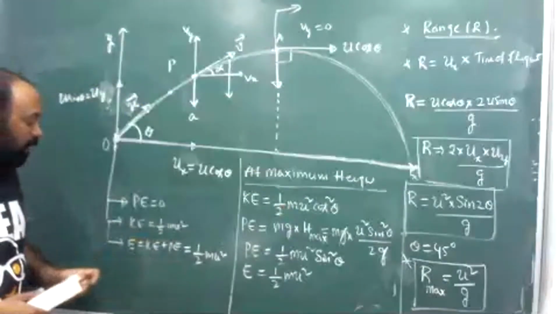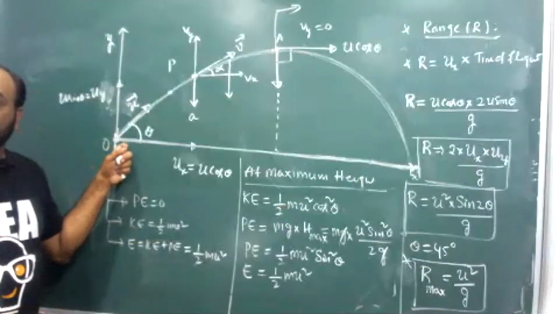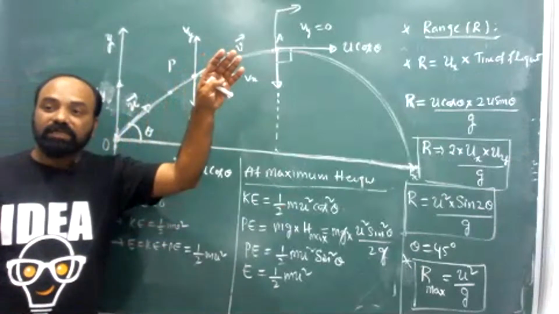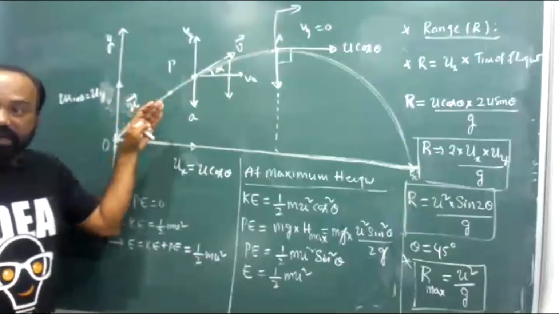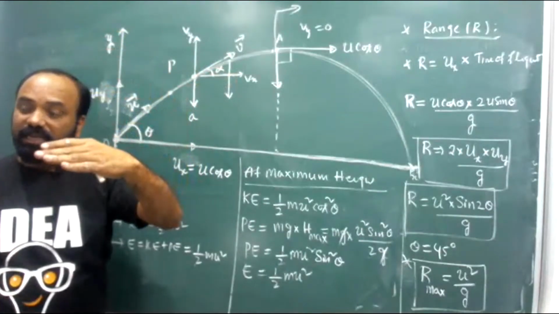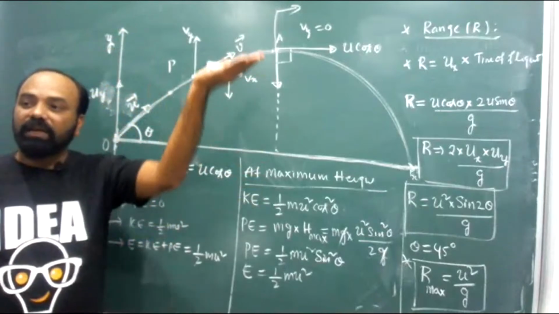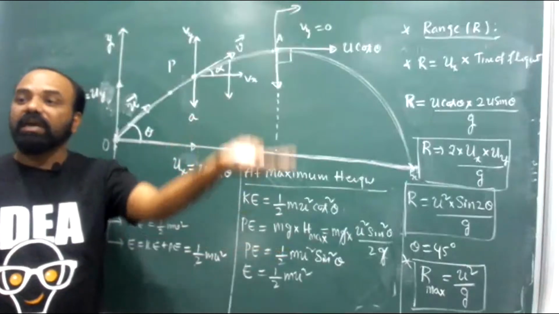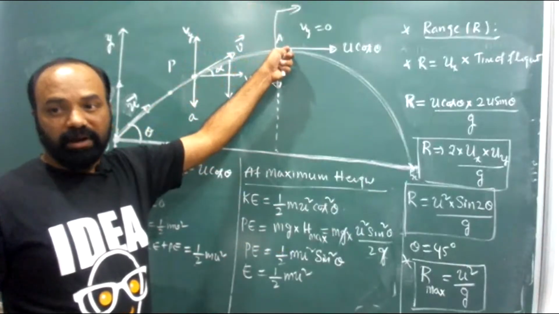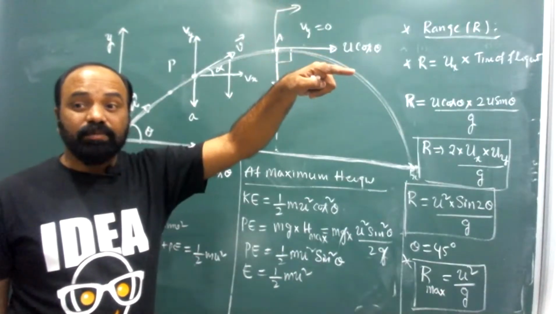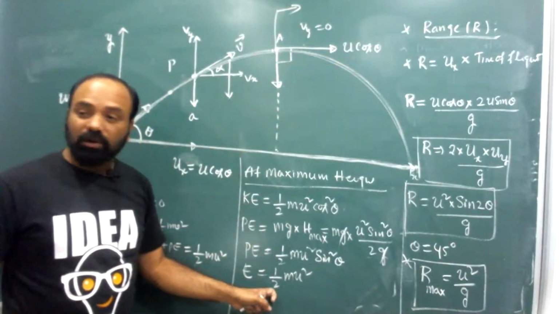But only one thing happens: at the point of projection, it is in the form of kinetic energy. While it is moving upward, the velocity gradually decreases but height gradually increases, meaning kinetic energy decreases and potential energy increases, till the point of maximum height, where this is the total energy.